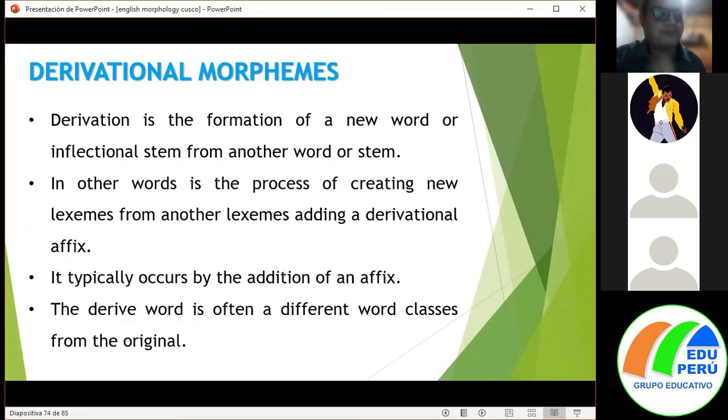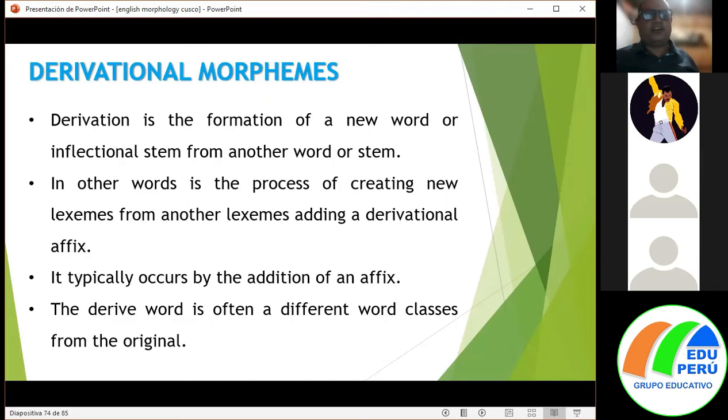In other words, it's the process of creating new lexemes from another lexemes, adding a derivational affix. Notice here, affix. So it means that it could be a prefix or suffix. This is the difference with inflectional morphemes. Inflectionals are just suffixes. Derivational affixes could be a prefix or suffix.